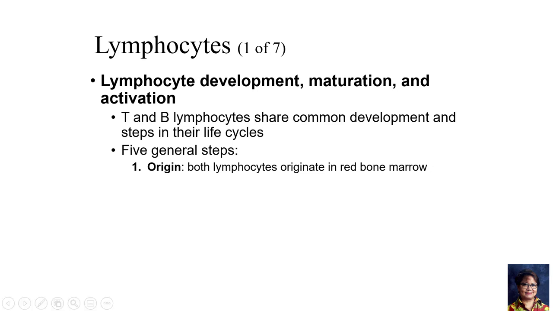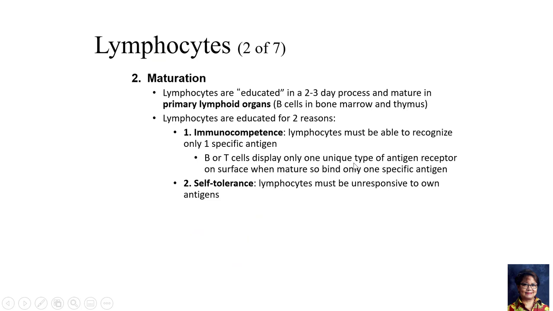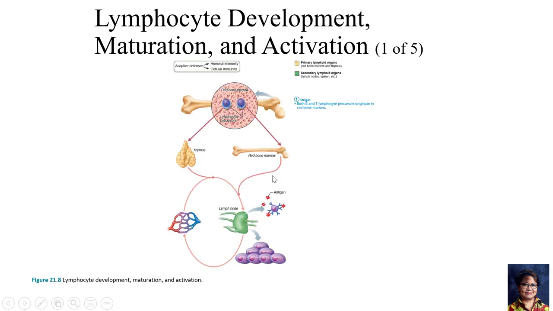And from there, after differentiating and being committed to become lymphocytes, they are now going to branch into two. These are lymphocyte precursors. They will branch into two.